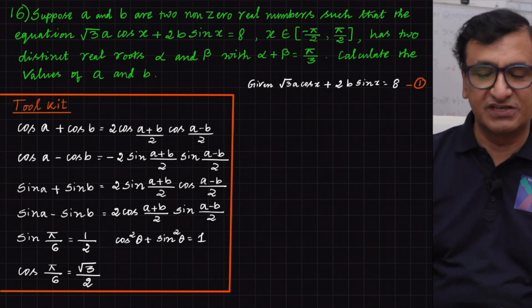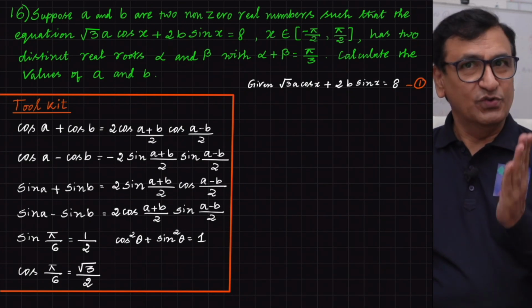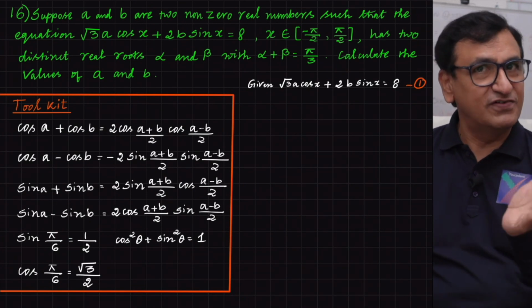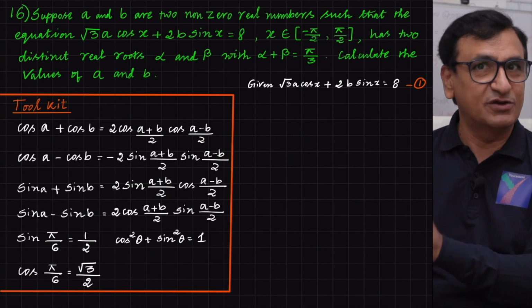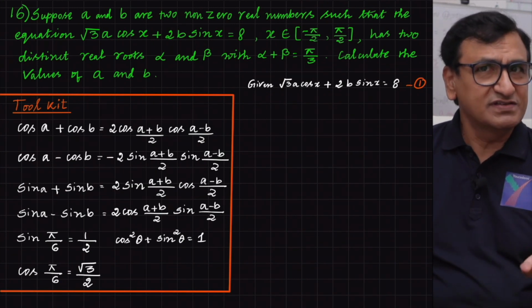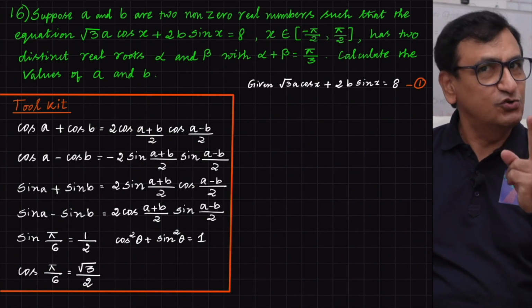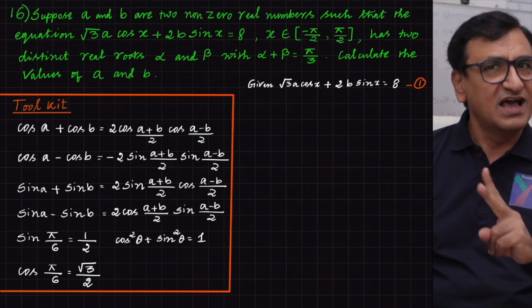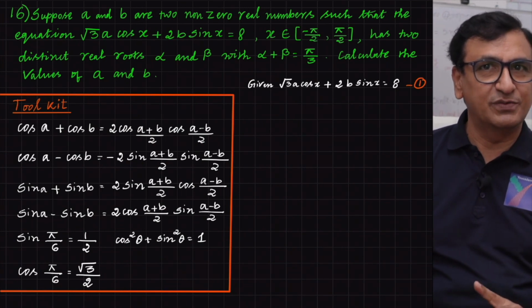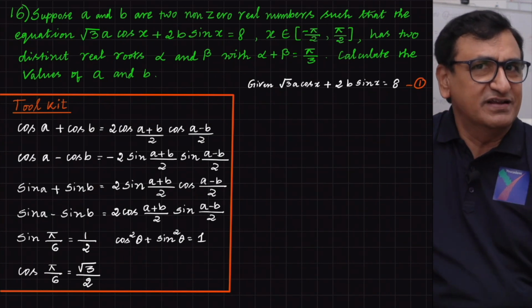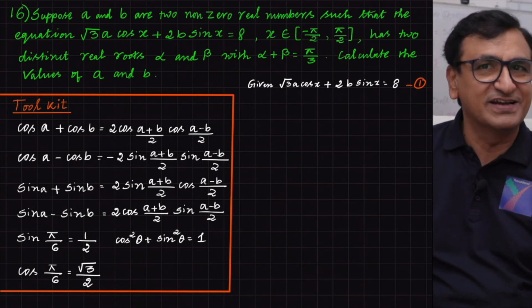This is our reference equation. Next, I'm going to substitute alpha and beta in place of x in equation 1, because alpha and beta are the roots of the equation. Simple, right? So I get two equations, and I'm going to solve them like a simultaneous equation to get our final answer.